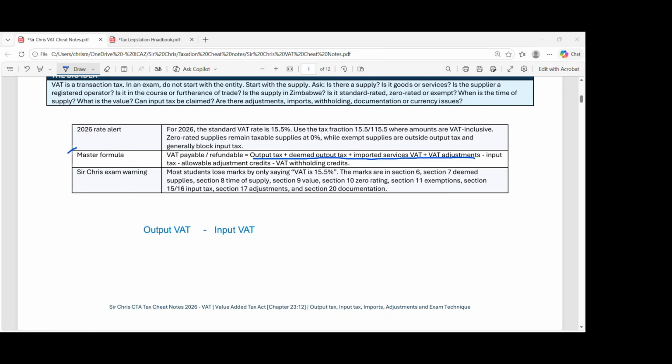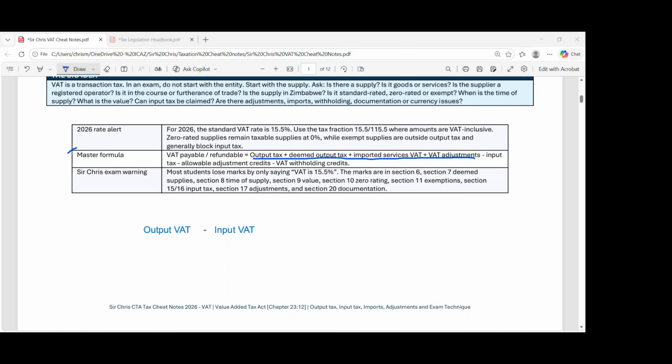So if it's not zero rated under section 10 and not exempt according to section 11, automatically it becomes standard rated. So in your solution, you would want to examine the first question: when does a VAT liability arise?